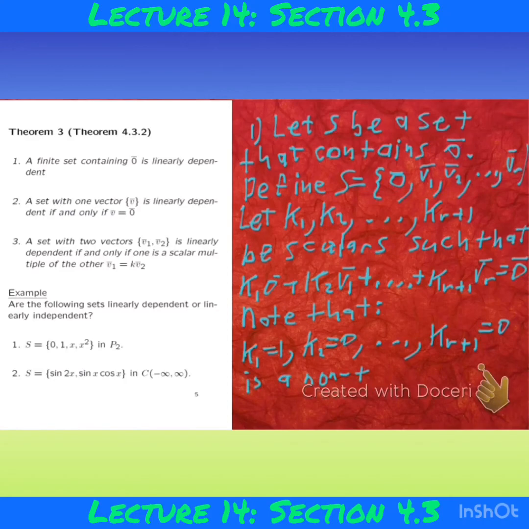So is the system linearly dependent or independent?